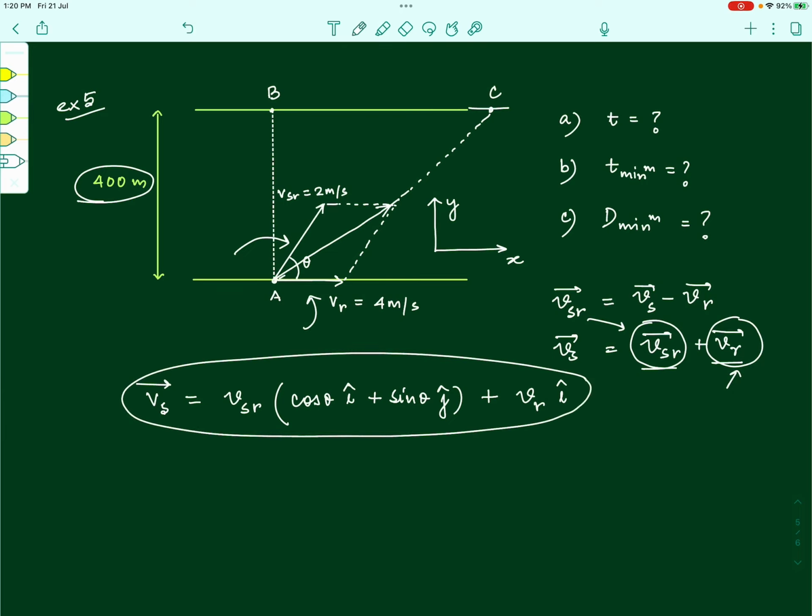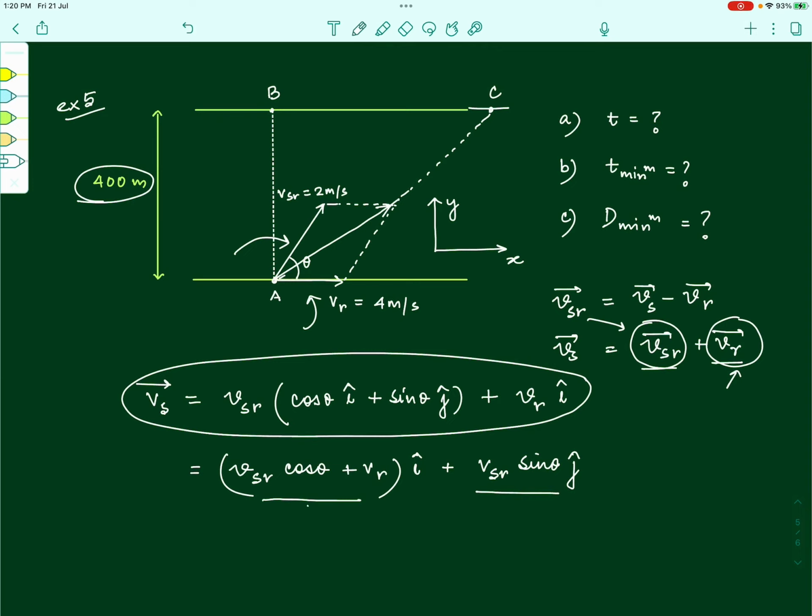We can combine the i cap terms together to write this as VSR cos theta plus VR i cap plus VSR sin theta j cap. So, we get the two components of the actual velocity of the swimmer.